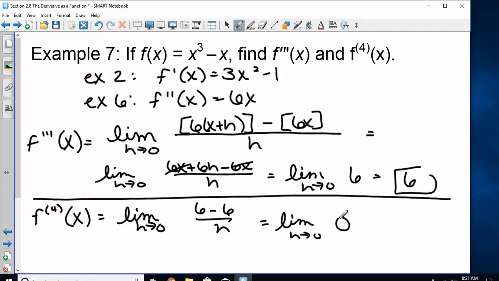So you get the limit of 0, which is 0. Questions? Do you understand the concept of higher derivatives and how you calculate them? Just keep taking the derivative of your previous answer.